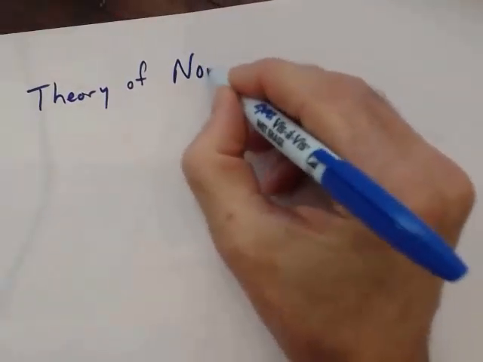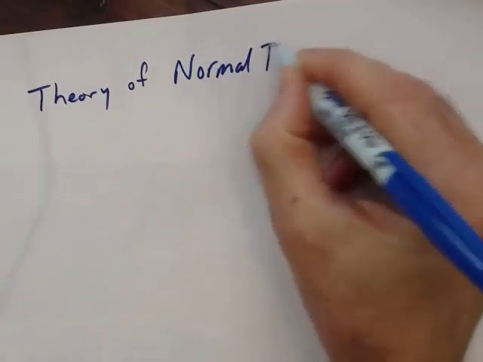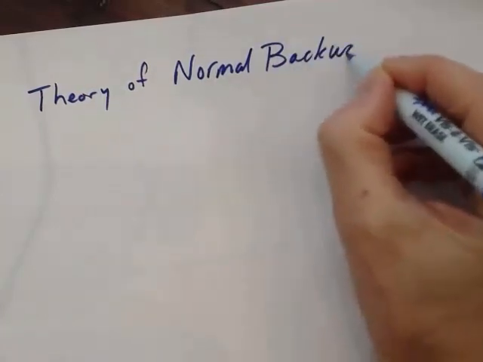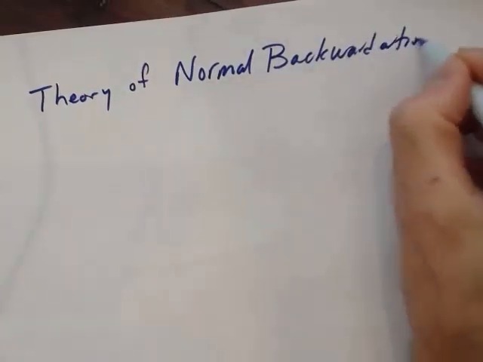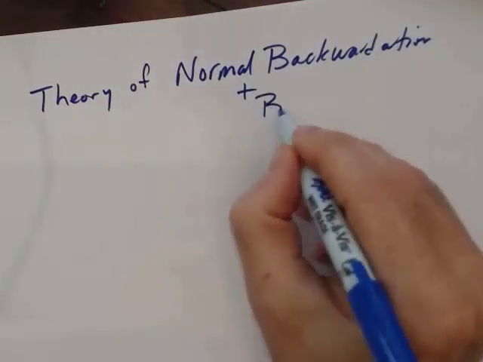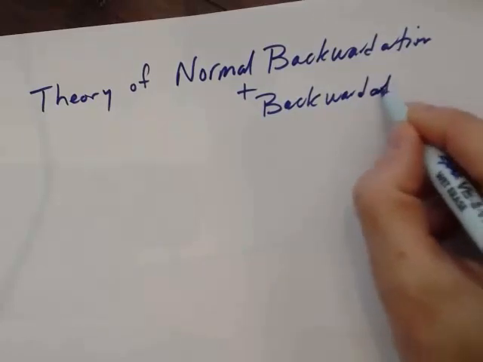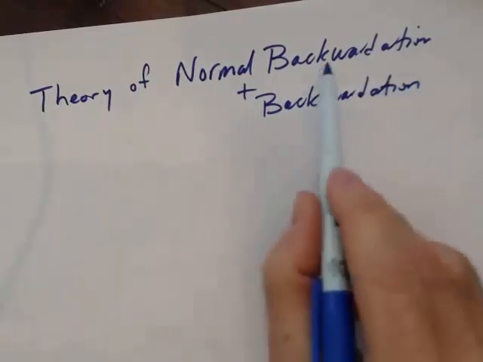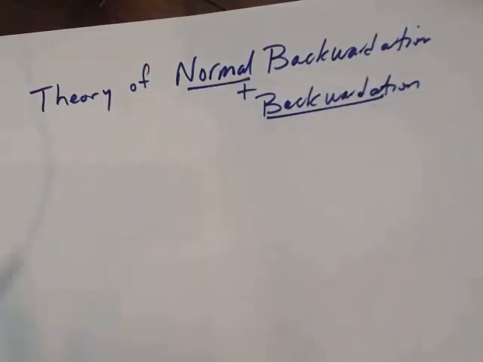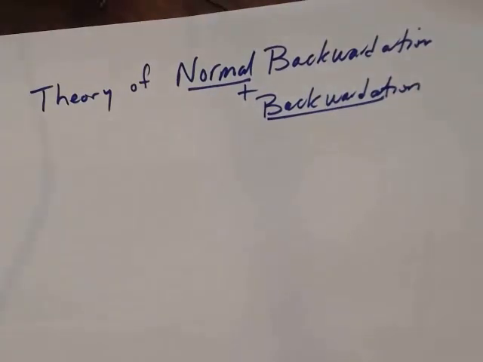So we're going to look at the theory of normal backwardization and just backwardization. Okay, so there's backwardization and then there's normal backwardization. The theory begins with the idea that hedgers are often short futures contracts.